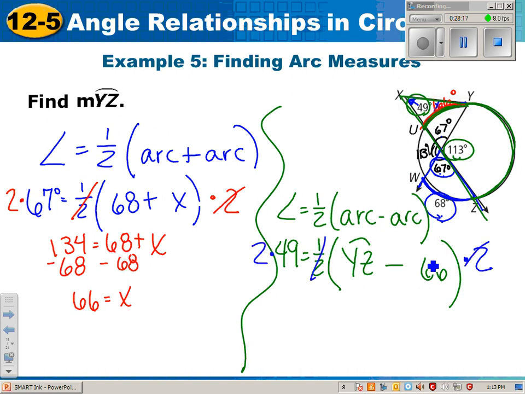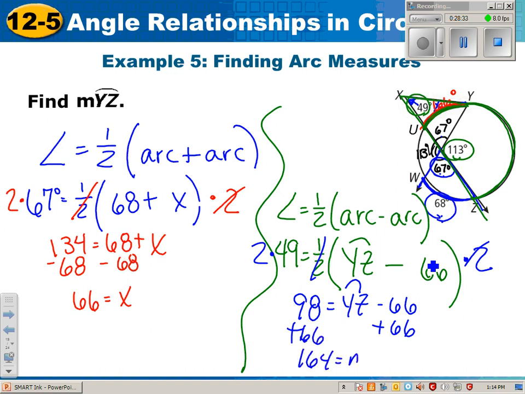So now we have 98 equals YZ minus 66. Add 66, sorry, and what do we get? 164 equals the measure of arc YZ. Don't forget your degree symbol.